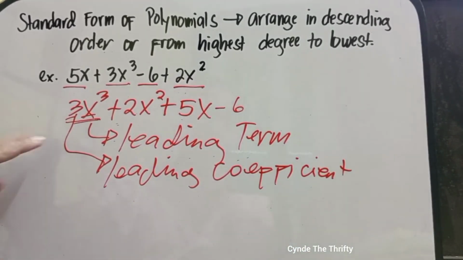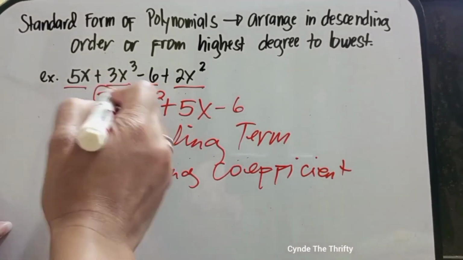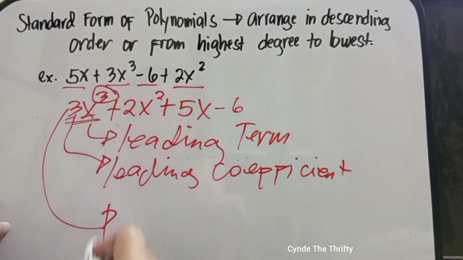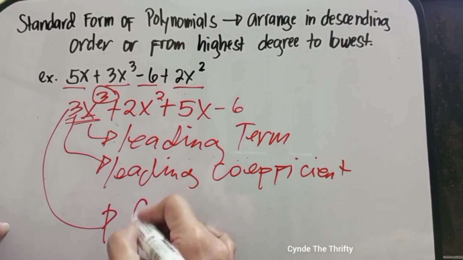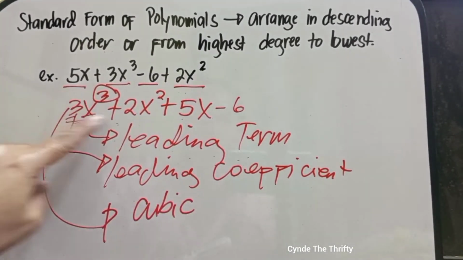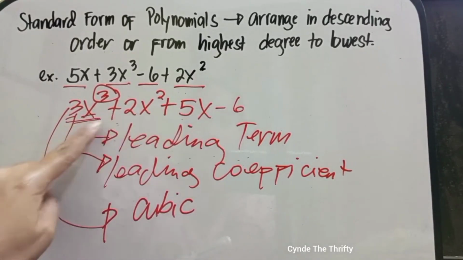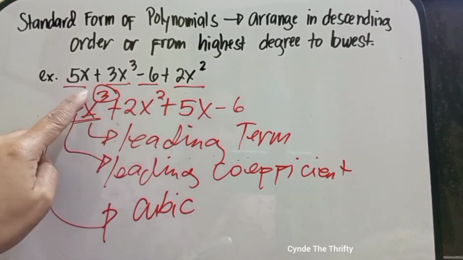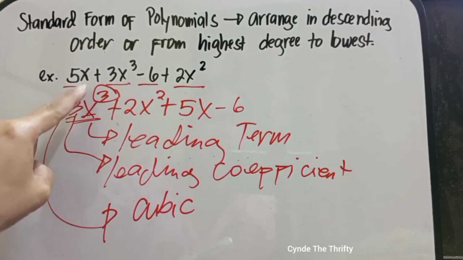Okay, so sa anong klaseng polynomial itong ating example according to its degree? So ano yung pinaka-highest degree niya? 3. So, ibig sabihin, ang polynomial natin ito ay tinatawag nating cubic. Kasi, ang kanyang highest degree is 3 at meron silang magkaparehong variable. So, pagkapareho lahat x, ibig sabihin, ang titingnan natin ay yung pinaka-mataas na degree.